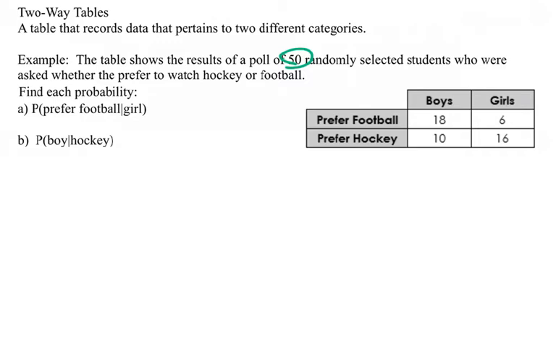Now we're going to find the probability. So remember that number, part A is red. We're going to find the probability they prefer football given, because remember that's that straight up and down line, they're a girl.